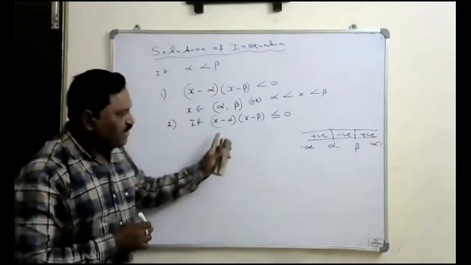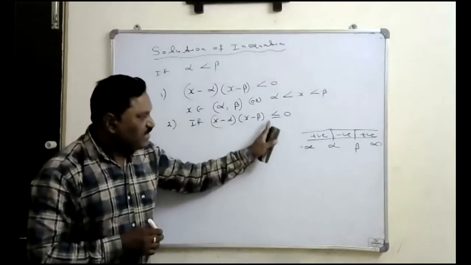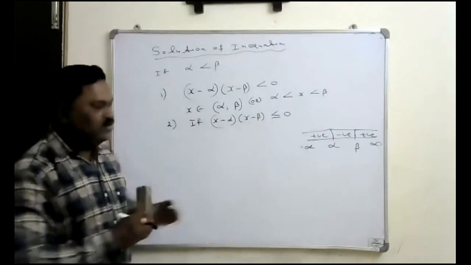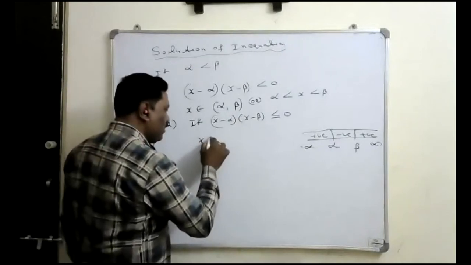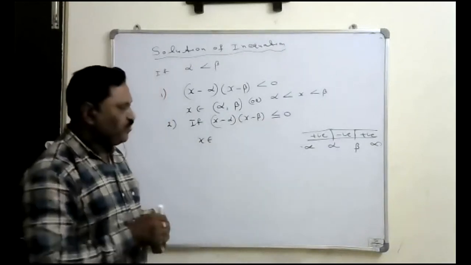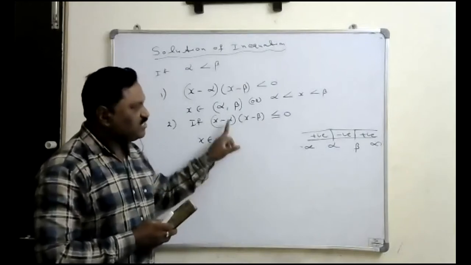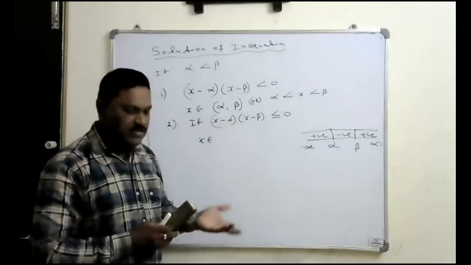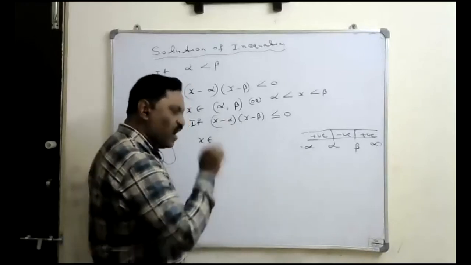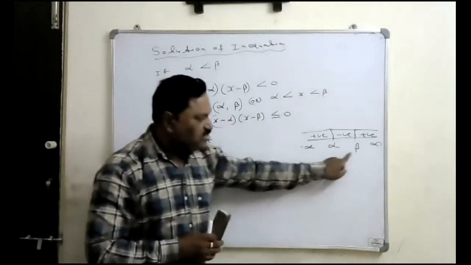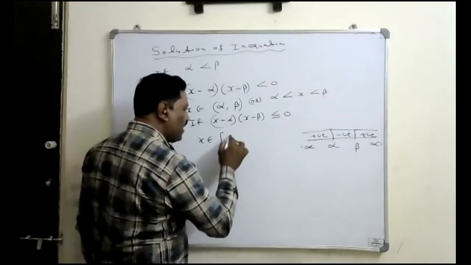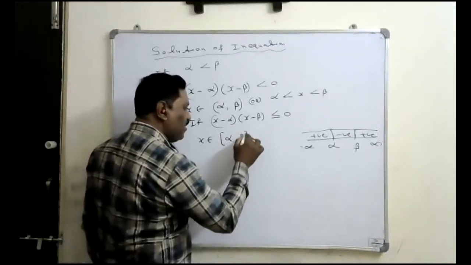Suppose if x minus alpha into x minus beta less than or equal to 0 is there, so means it is negative or 0, then the interval for x is, because equal to is there, means you can take x is equal to alpha also. X is equal to alpha, alpha minus alpha becomes 0, means alpha भी ले सकता है और beta भी ले सकता है. Means you have to consider alpha and beta, and also you have to consider all the values in between alpha and beta. In certain cases, this is x belongs to close bracket लेना पड़ेगा alpha comma beta.